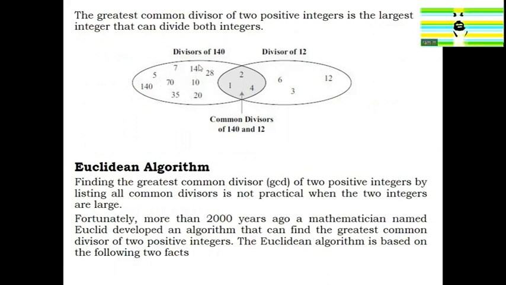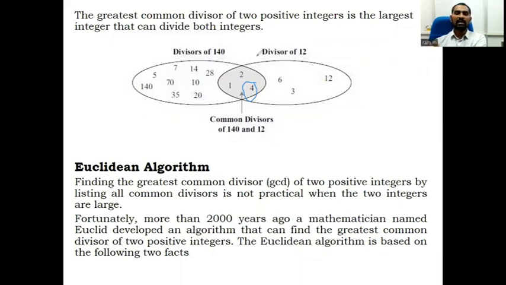All these are divisors of 140. And 1, 2, 4, 6, 3, 12 are all the divisors of 12. Now from these two sets, we choose the common values. The common values are 1, 2, 4. From these common values, we choose the largest one, which is 4. So 4 will be the GCD for 140 and 12.